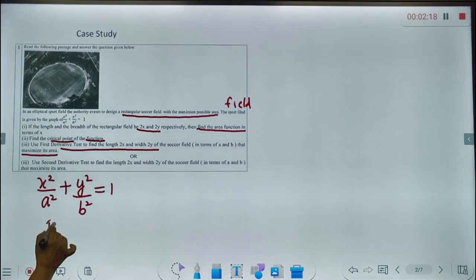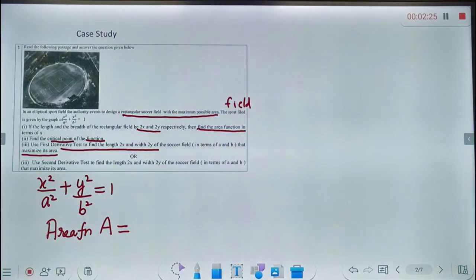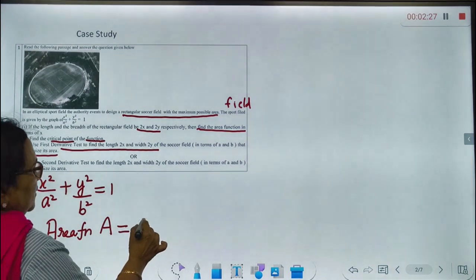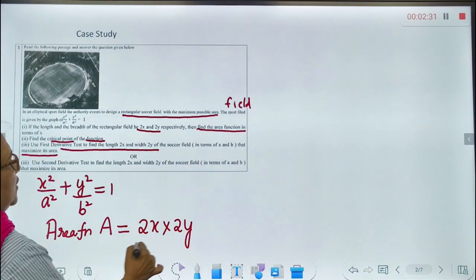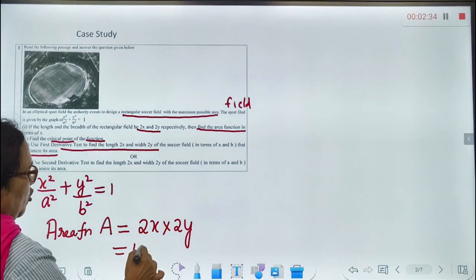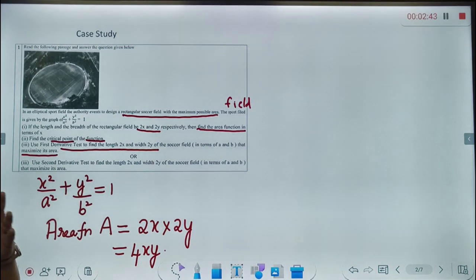So, area function, which I will call A, is equal to what? Length into breadth. So, 2x into 2y, which is equal to 4xy. Now, you want to express it in terms of x. The rectangular field is inside the elliptical field. Therefore, every point on the rectangle satisfies the equation of the ellipse.